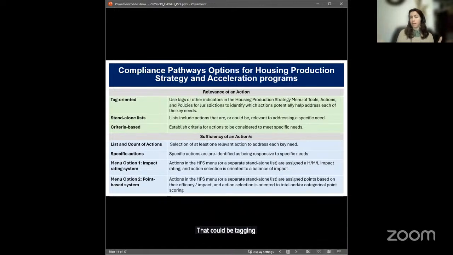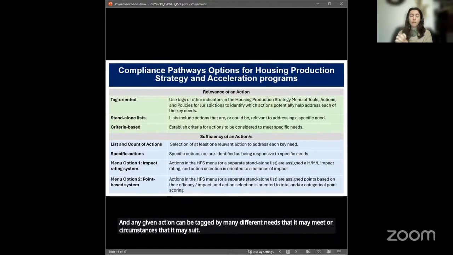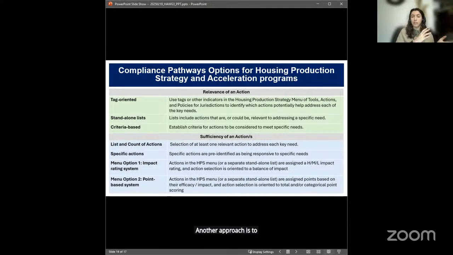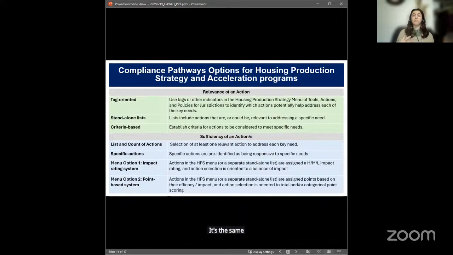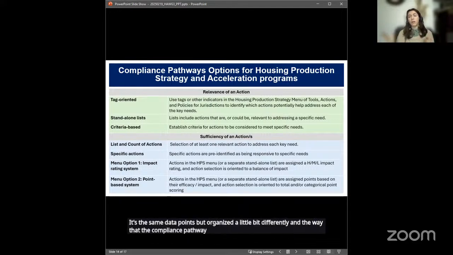Having a large list of actions like we have in the HPS menu, and any given action can be tagged by many different needs that it may meet or circumstances that it may suit. Another approach is to have standalone lists that are oriented to the need itself. So you might say, I have this issue, I have this housing need locally. Here are the options that I can select from in terms of how to meet it. It's the same data points, but organized a little bit differently. And the way that the compliance pathway may structure could vary a little bit.